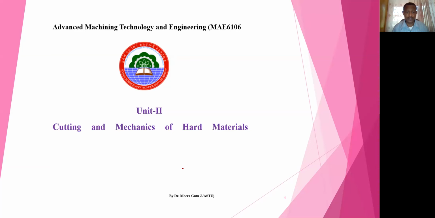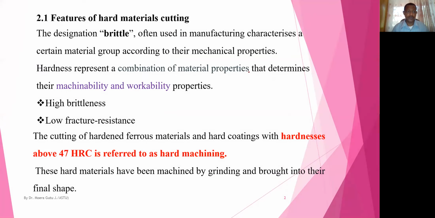So this is chapter 2, cutting mechanics of hard materials. The objective of this course is to introduce the student to the science of machining hard materials.